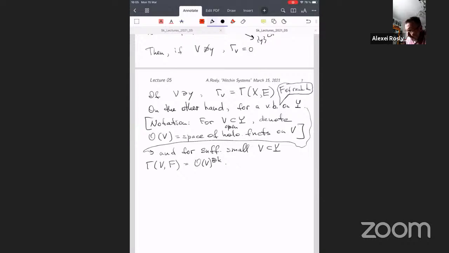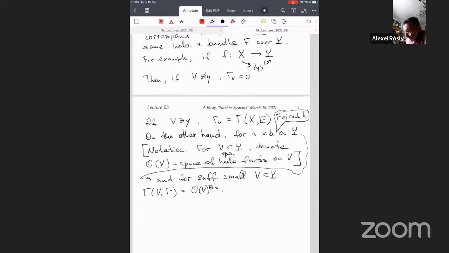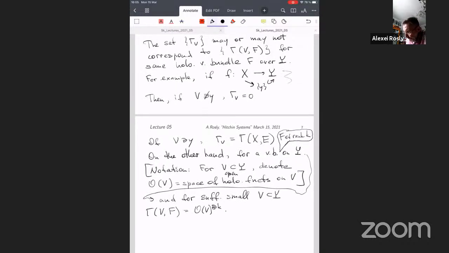And this contradicts the property here. So in this example, we did not manage to construct a holomorphic bundle.